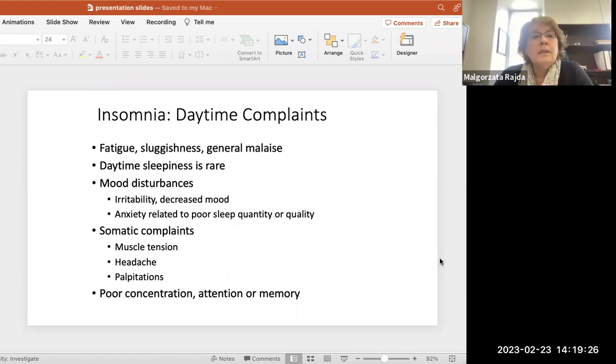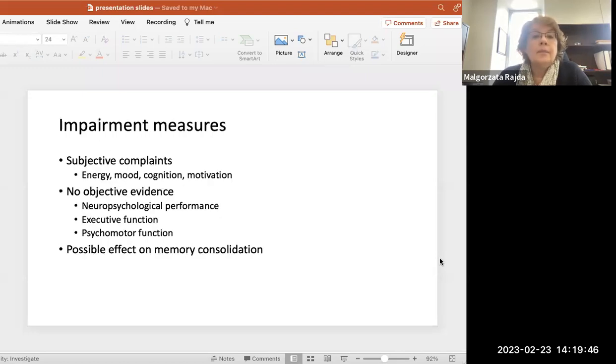But mood disturbances, grumpiness, crankiness is quite common. They are often preoccupied with their sleep and worry about their sleep. Many of those patients have comorbid anxiety and have lots of symptoms of anxiety, including somatic symptoms.